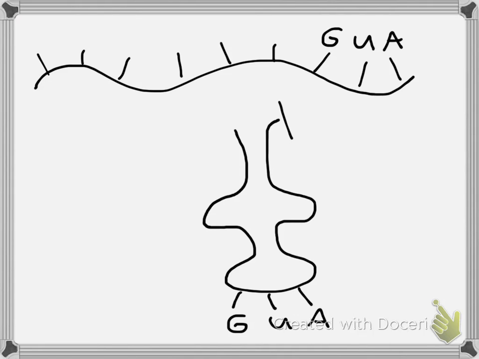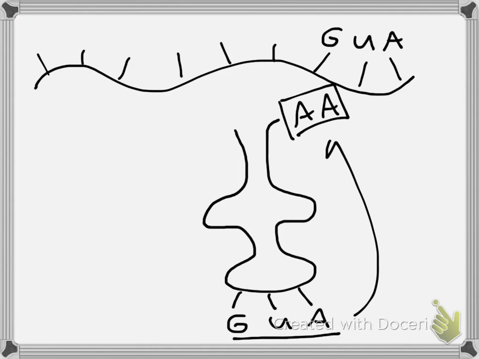Each tRNA molecule is also attached to a particular amino acid. And any particular sequence of 3 RNA nucleotides at the bottom of the tRNA corresponds to only one of the 20 possible amino acids. So an AUG, for example, might correspond to methionine.